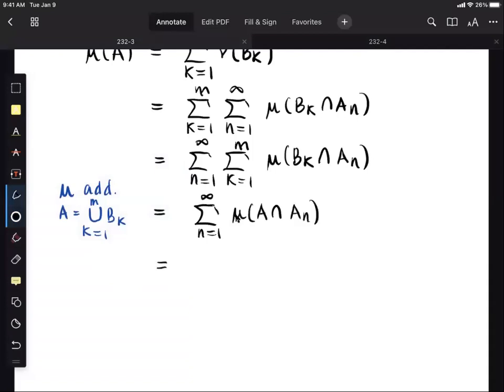And here, noting that A is a subset of A sub n for all n, the intersection will be reduced to A sub n.